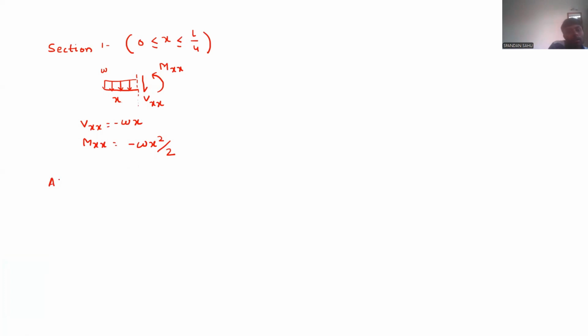Now tell me at X equal to 0, Vxx will be equal to 0. Mxx will be equal to 0. At X equal to L by 4, your Vxx will be equal to how much? Minus WL by 4, and your Mxx will be how much? Please tell me.